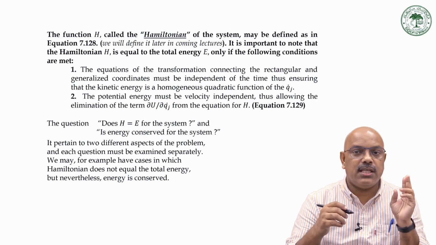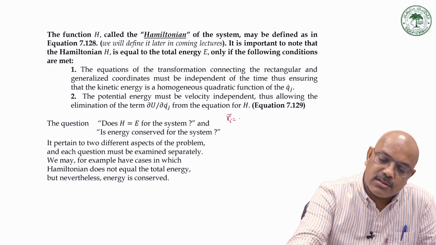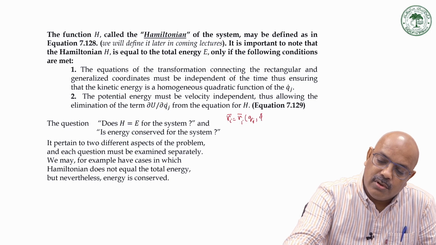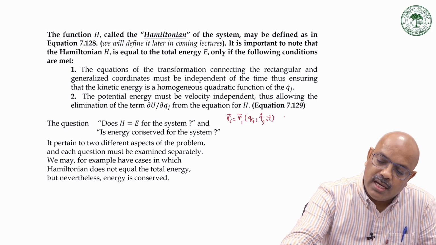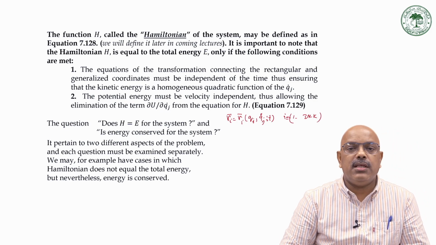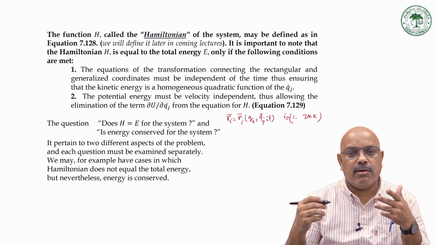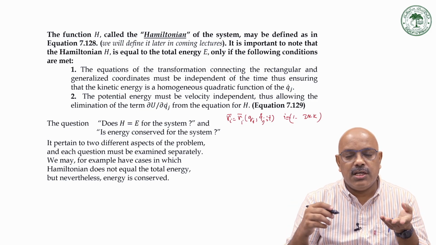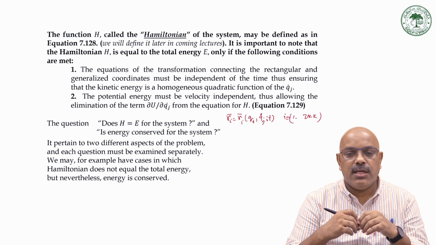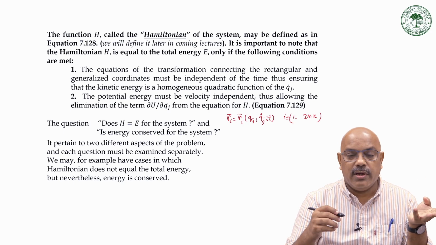One is that if you write the transformation equation, r_i is a function of the coordinates q_i, q dot i and t, where i goes from 1, 2, 3 up to K, depending upon the variables. The generalized coordinates must be independent of the time. Okay, so that's why delta T by delta t is going to be 0, as we have demanded.